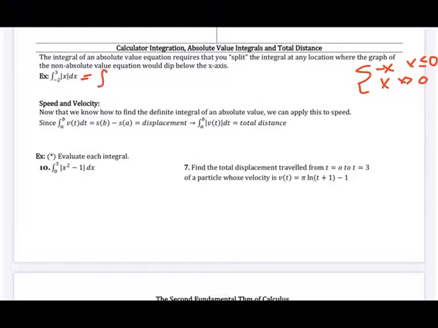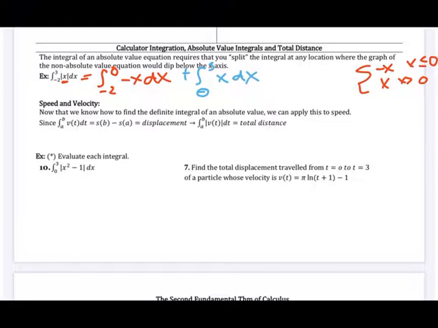This would be the integral from negative 2 to 0, because on just regular old absolute value of x, 0 is my vertex. When I'm below the x-axis, my function is negative x dx plus, starting at 0 and going up to 3, the upper bound, our function is x dx.